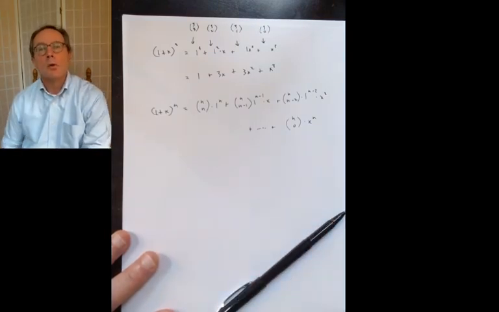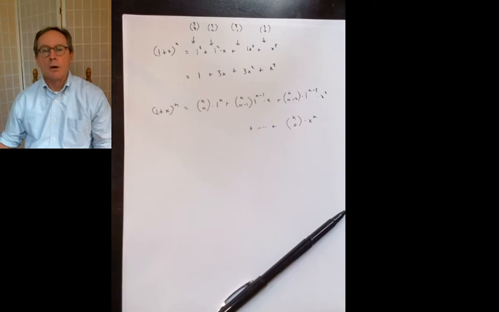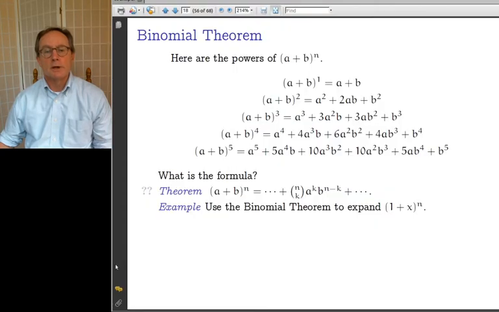Okay, so we get a long polynomial in x, and the coefficients are these n choose k, and that's where the phrase binomial arises that we use in Sage.